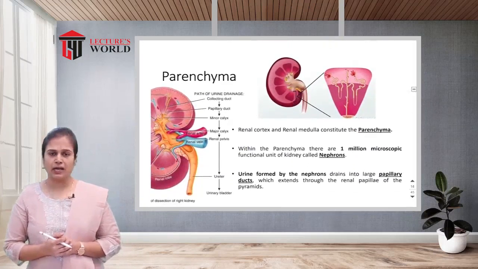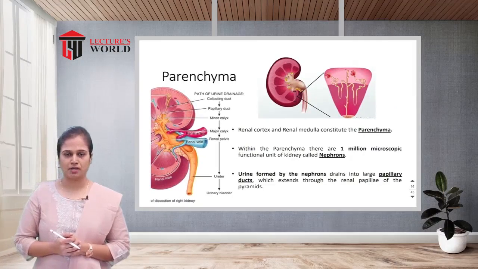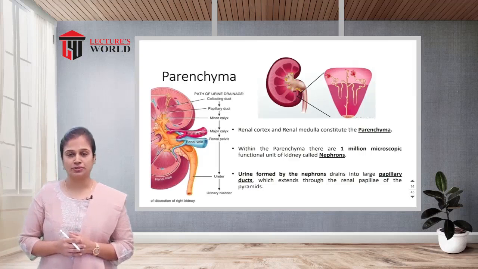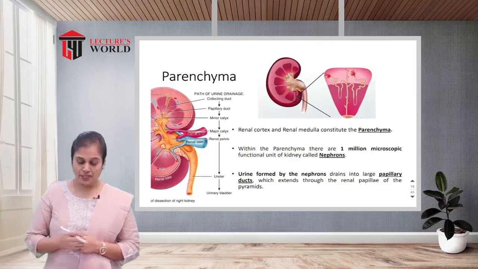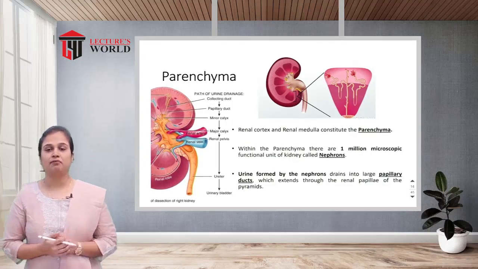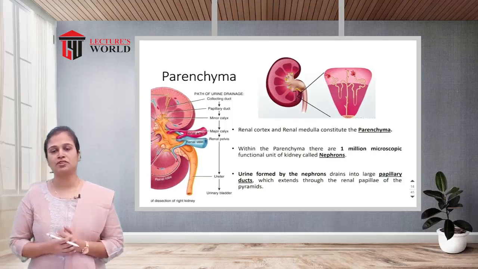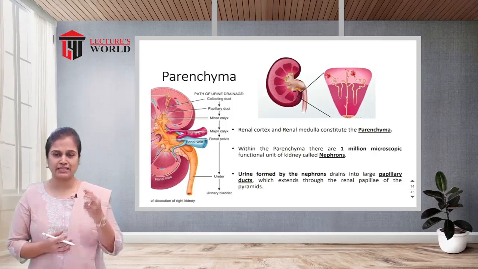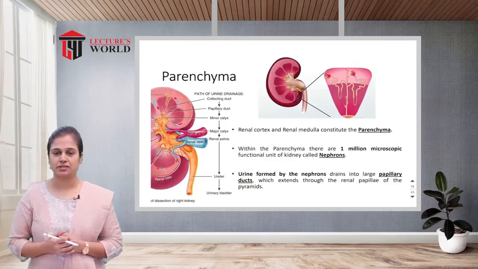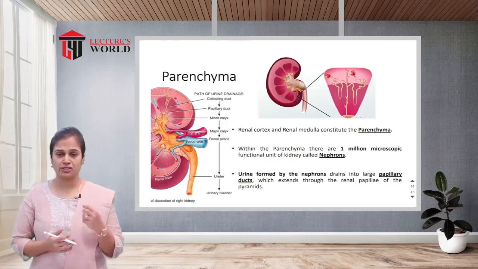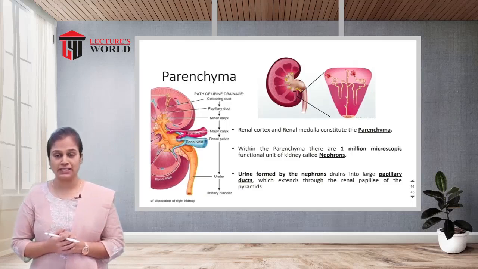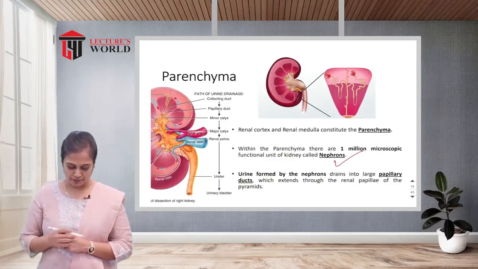After medulla and cortex, there is the parenchyma. The renal cortex and renal medulla constitute the parenchyma. Within the parenchyma, there are 1 million microscopic functional units of the kidney, called nephrons. They are microscopic because they are very tiny in structure and there are millions of them.